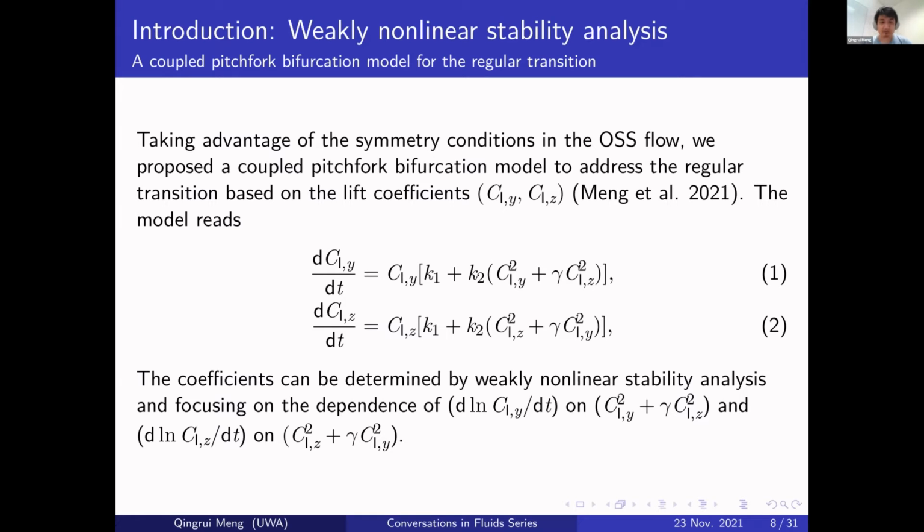These two equations are the model we proposed. It is simply based on the symmetry conditions in the flow. We assume that the regular bifurcation can be related to the lift coefficients.